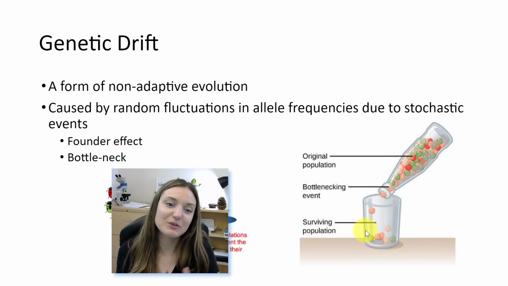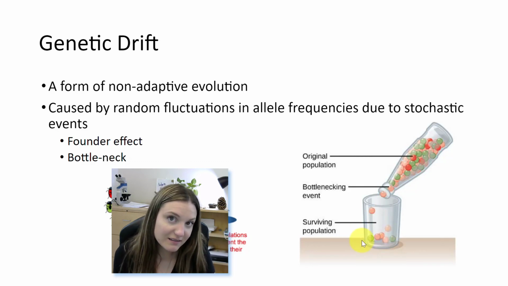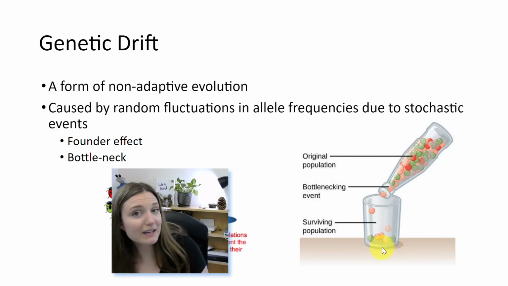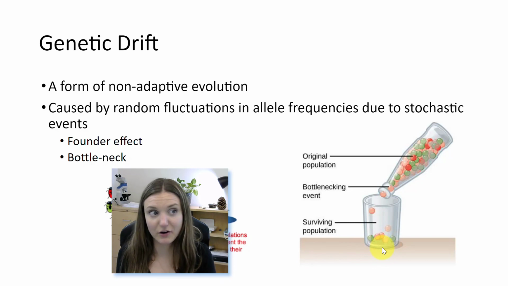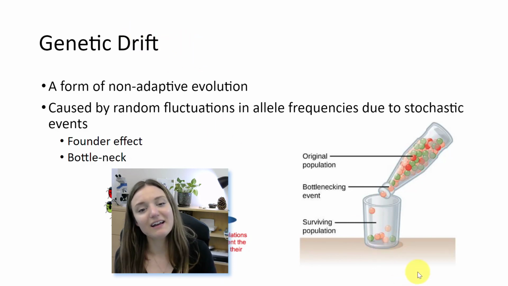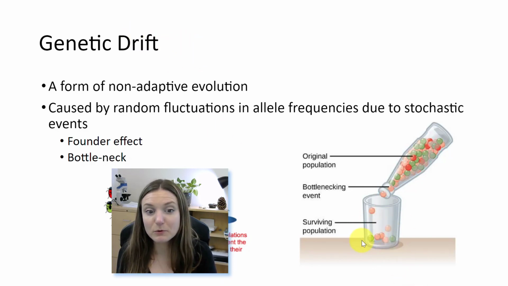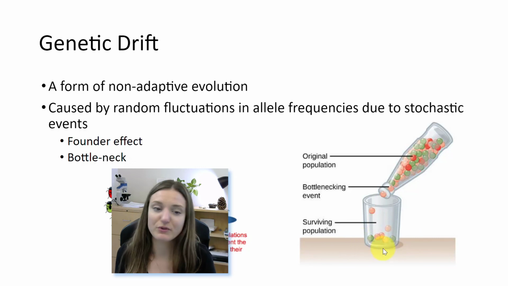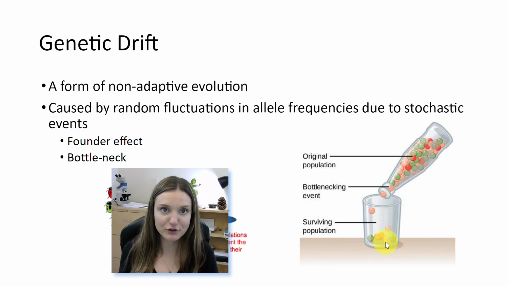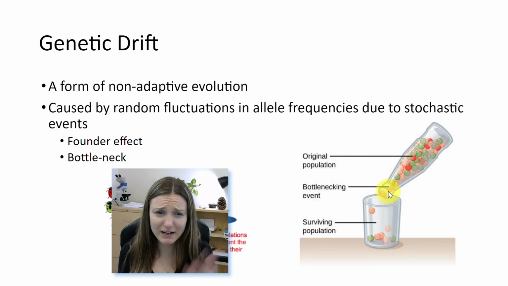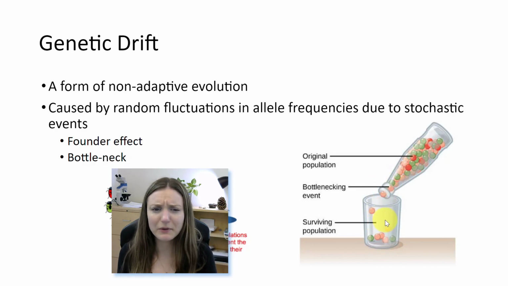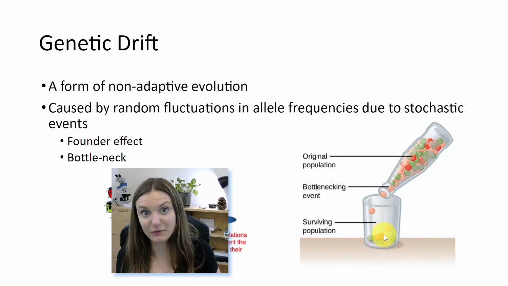And in a smaller population, it's more likely for random fluctuations of alleles to occur, genetic drift, that could potentially remove either the orange or the green allele from the surviving population. So some sort of random stochastic bottlenecking event means that not all of the individuals in the original population get to survive, but those that do survive don't survive because they're any better suited. They survive just because they were in the right place at the right time.